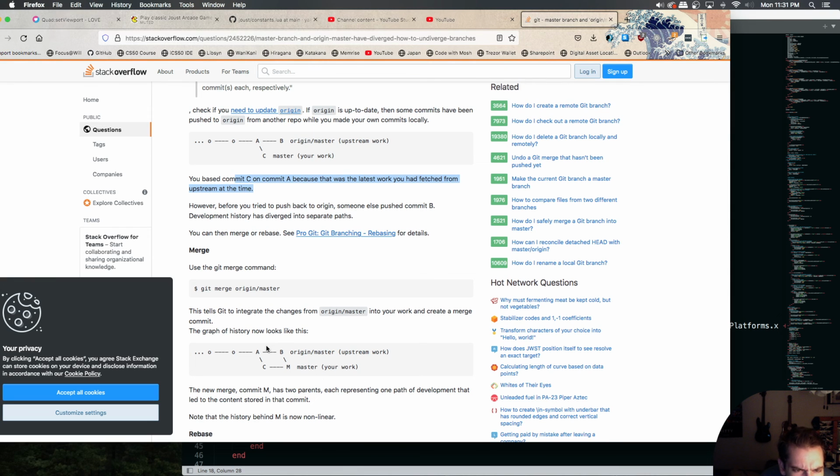So if I do a git merge origin main, it'll integrate changes from my origin into my work. That is kind of what I want to do, right?